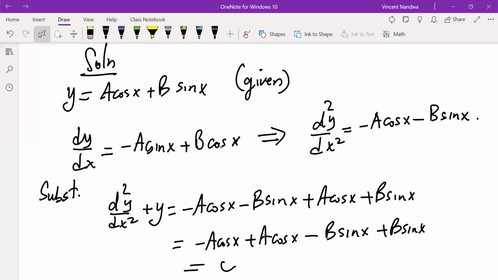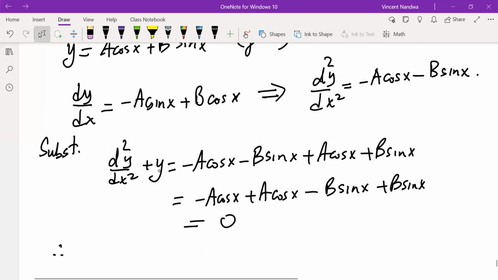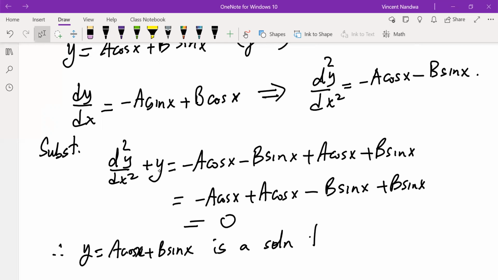And clearly this is 0. So therefore, y equals a cos x plus b sin x is a solution to this differential equation.